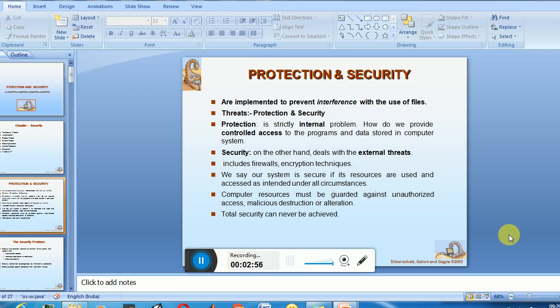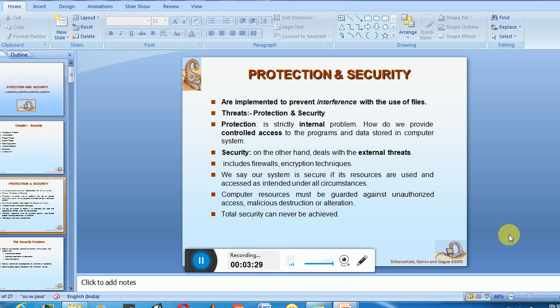Now, these are implemented to prevent interference with the use of files. How can we protect this? Threats can be seen through protection and security. Protection is basically a strictly internal problem: how do we provide controlled access to the programs and data stored in a computer system, so that our data should not be accessed by any unauthorized person.